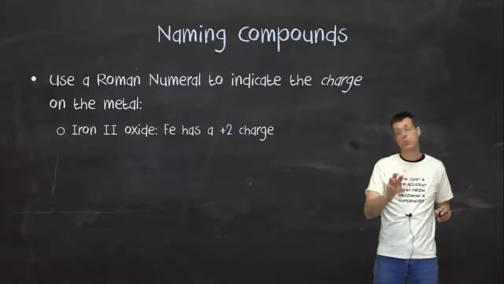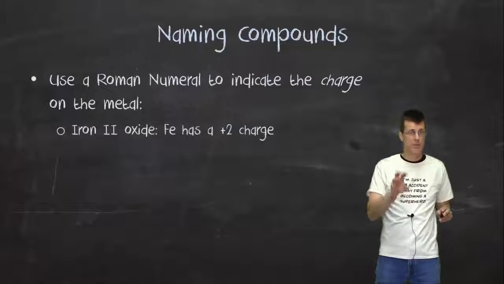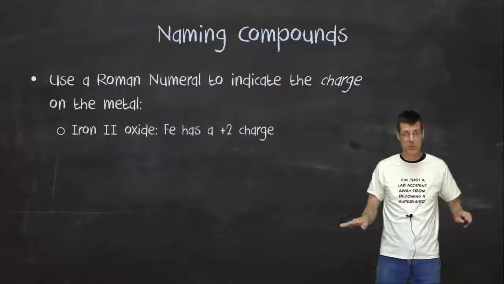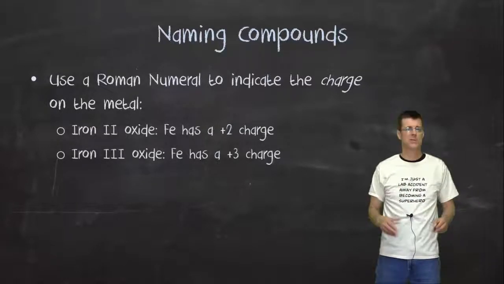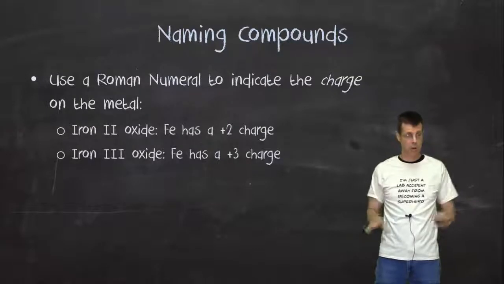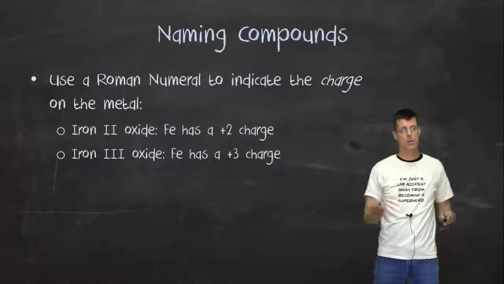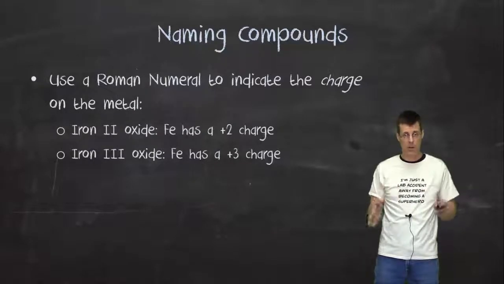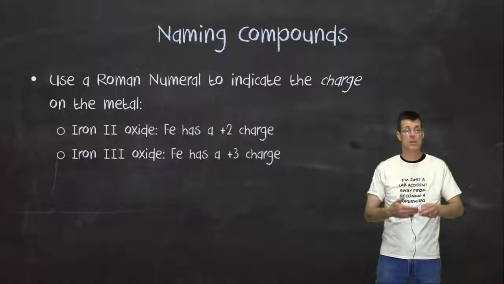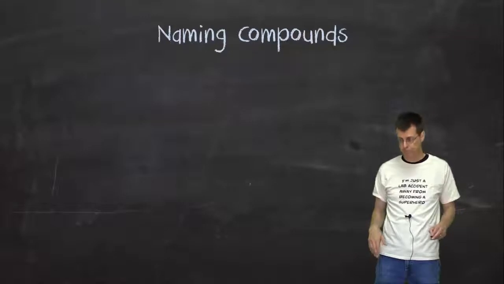The Roman numeral 2 means that iron has a +2 charge. That's all it means. The other name you'll see is iron 3 oxide, which means iron has a +3 charge.